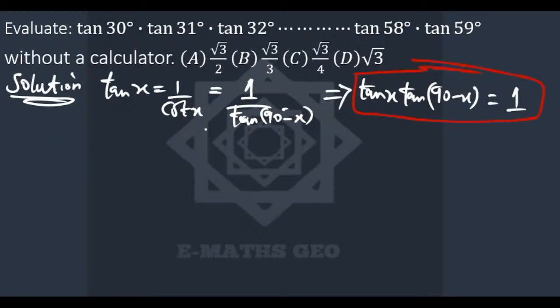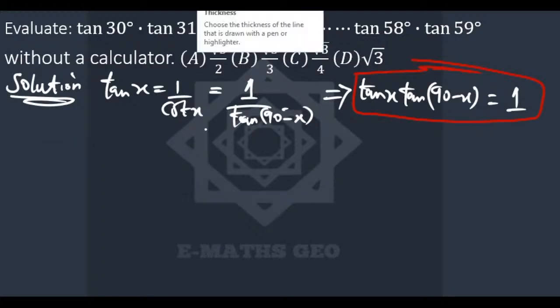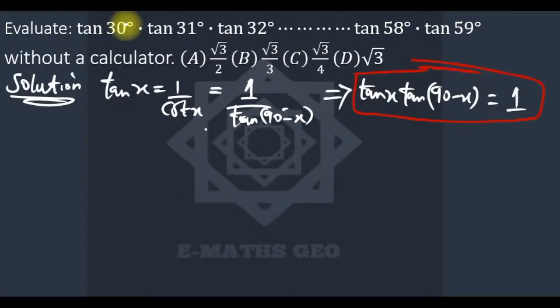So let's look at what is happening in the product. We started from tan 30 times the rest. You will notice that if I add 31 and 59, it will give me 90. 32 and 58 will also give me 90. The next one is 33, while here will be 57.